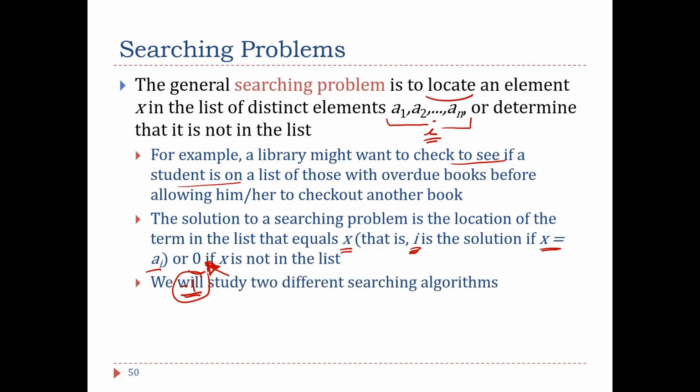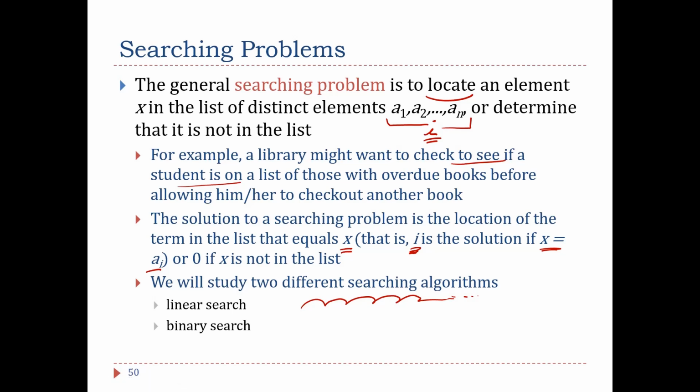So we'll study two different searching algorithms: linear search, which goes one cell by one cell inside the array, or one item by one item inside the list until the end of the list to check if any of those elements are equal to X. And another one called binary search that we will see in the sequel.